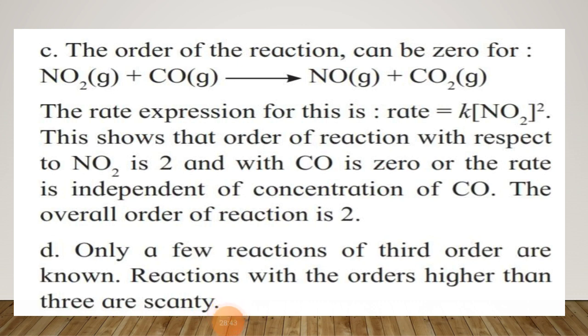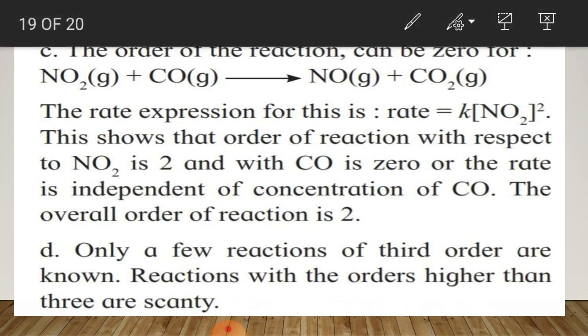Next key point about the order of reaction is that the order of the reaction can be 0. Suppose this is the reaction given: NO2 plus CO gives you NO plus CO2. The rate expression for this depends upon NO2. It doesn't depend upon CO because here the order for CO is 0.